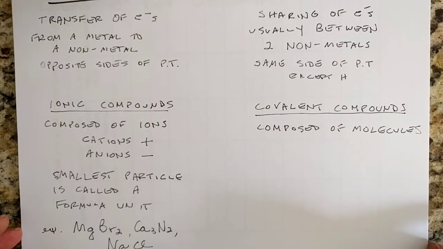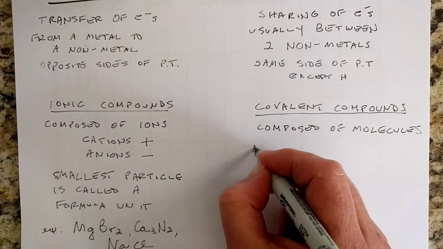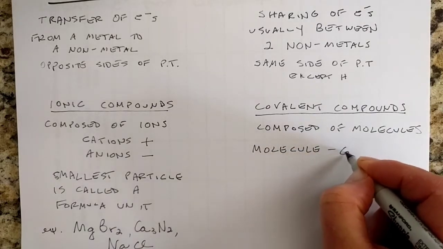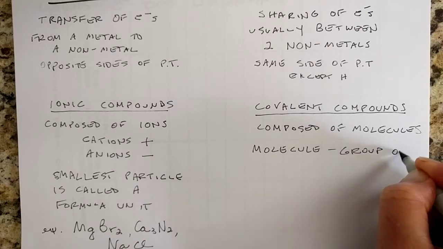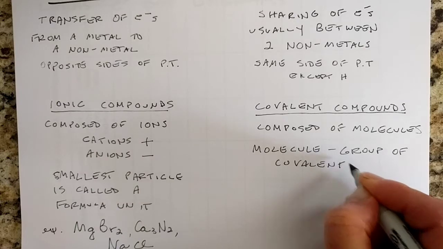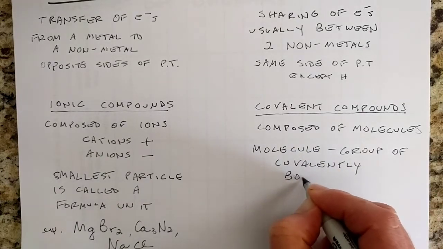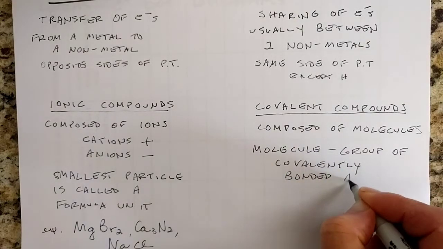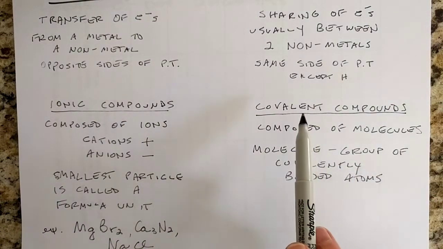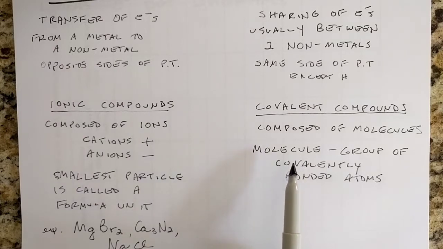A molecule is a group of covalently bonded atoms. So the smallest particle of a covalent compound is a molecule. The smallest particle of an ionic compound is a formula unit.